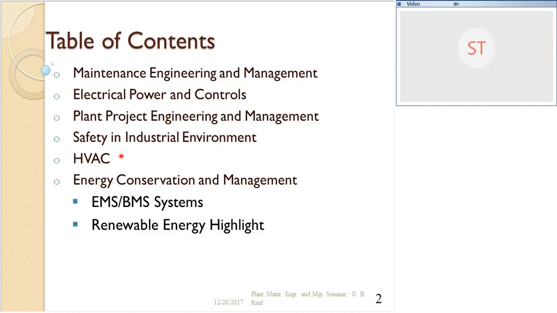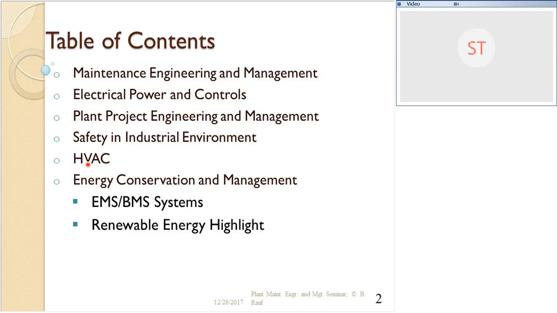But HVAC, as we cover in that program, consumes almost 60-70% of the energy in large commercial buildings, and somewhere to the tune of 40% of electrical energy in industrial plants. So it's a pretty significant footprint as far as energy is concerned.